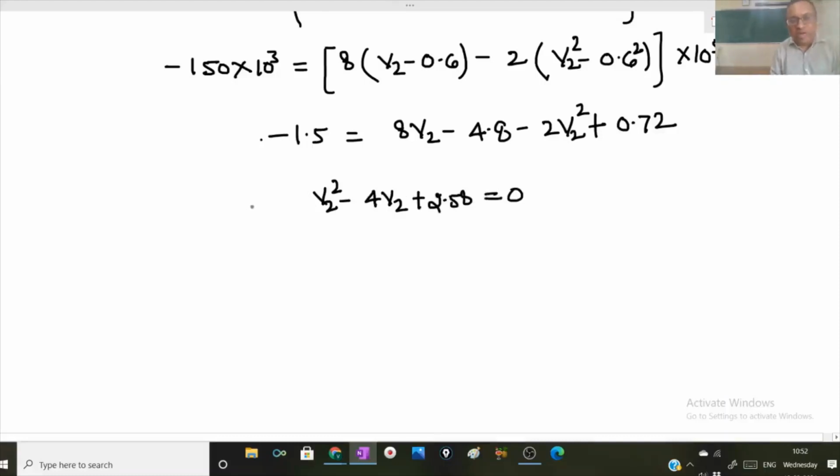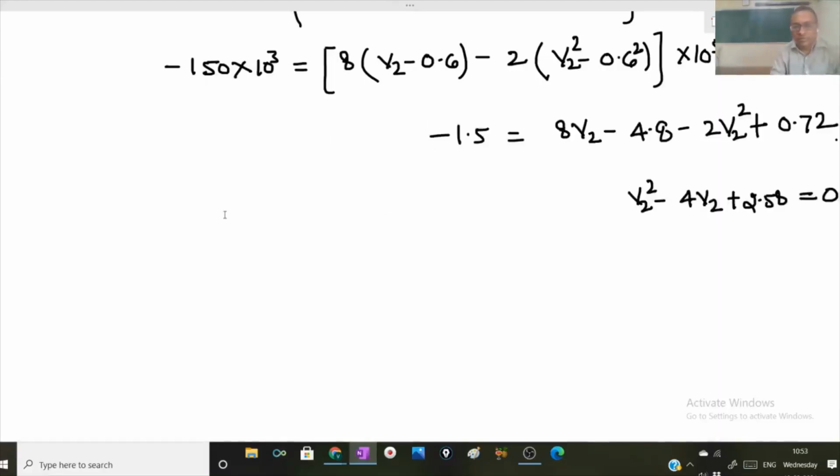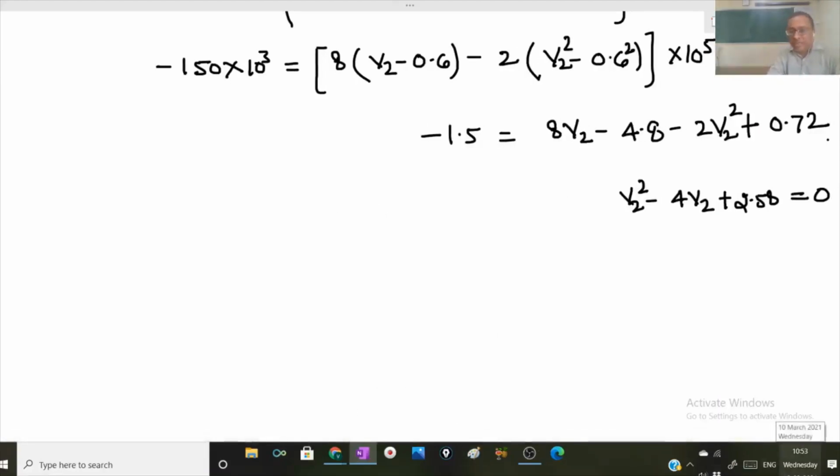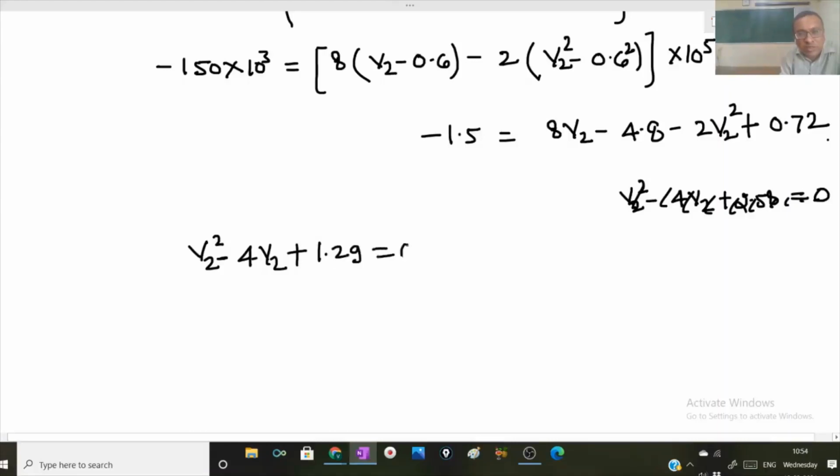So this is quadratic equation. Now you can solve this quadratic equation on your calculator. I think this equation is somewhat wrong. This will be V2 square minus 4V2 plus 1.29 is equal to 0.